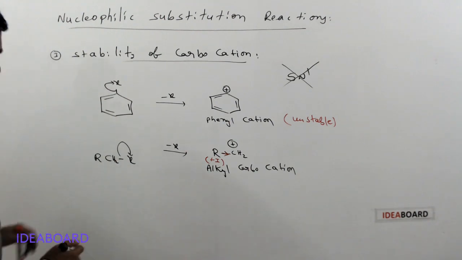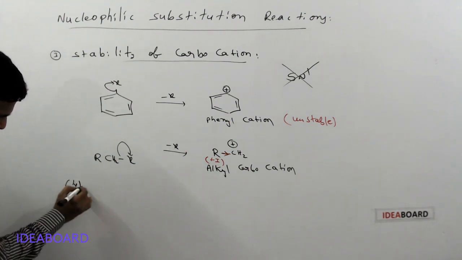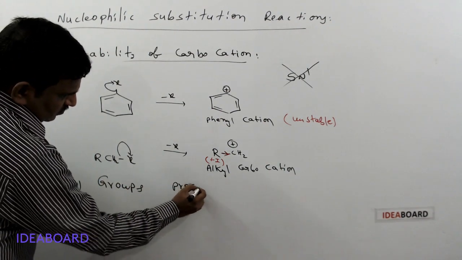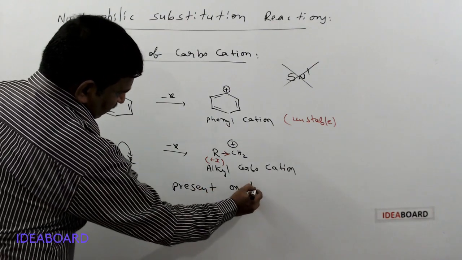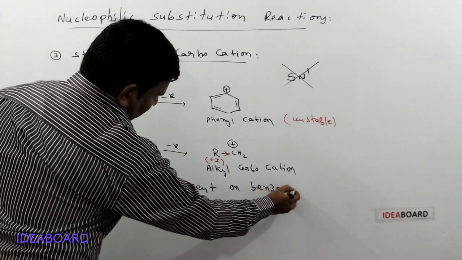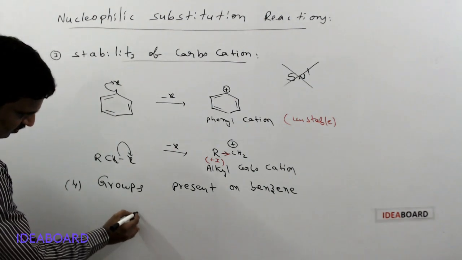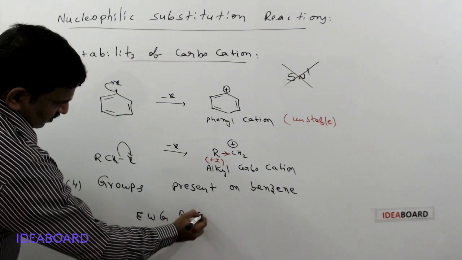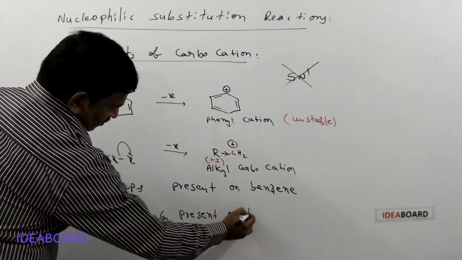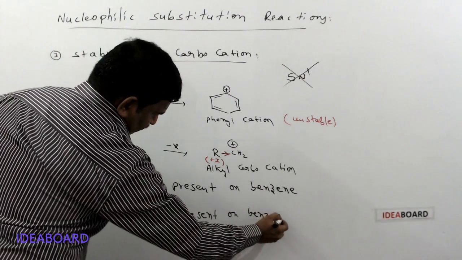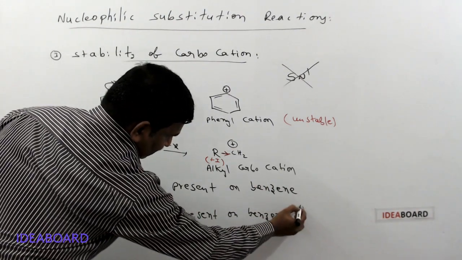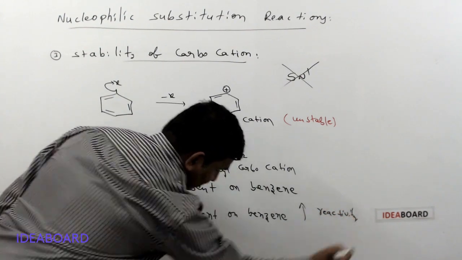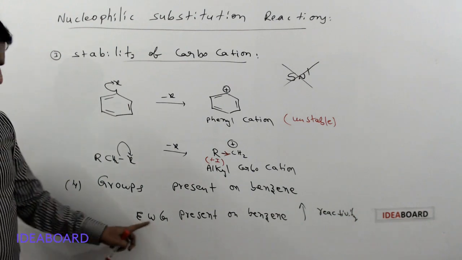Next, the fourth point I said: the groups present on the benzene ring. Please remember, electron withdrawing groups present on benzene increase reactivity.